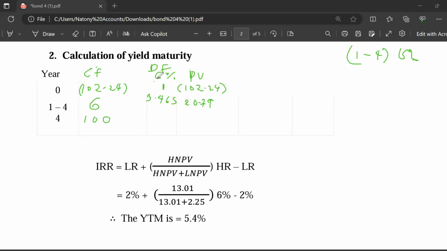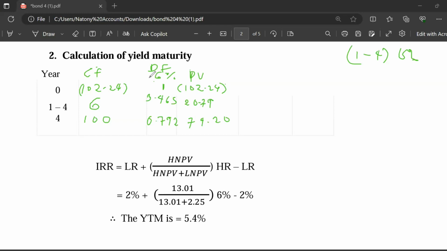For the final year, 100, discount factor 6% for year four will give 0.792, multiplied by 100 gives 79.20.